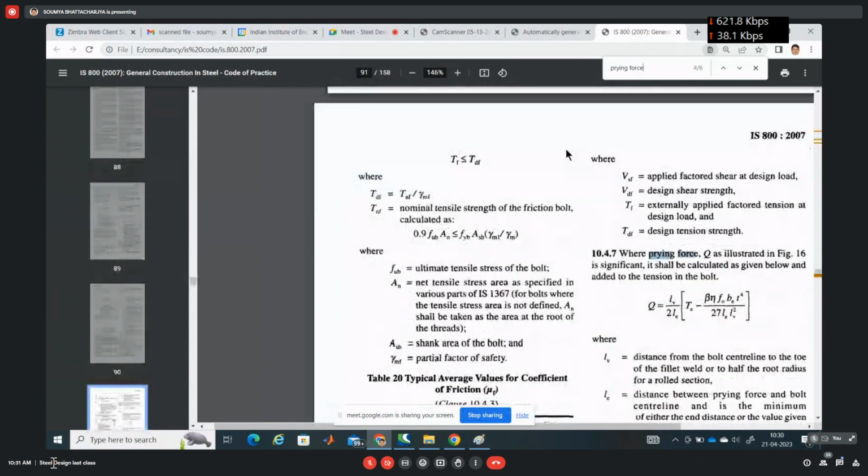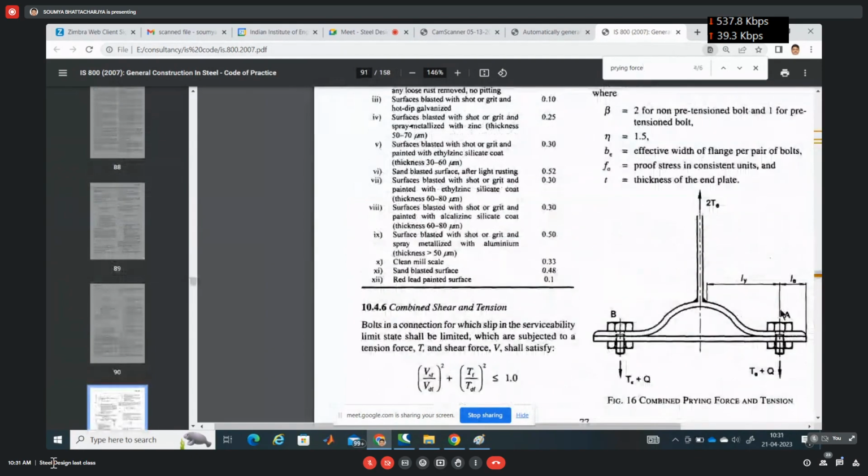You see, this is the situation: this is your column, this is your base plate. Now say the column is connected with the base plate with another plate mentioned here.